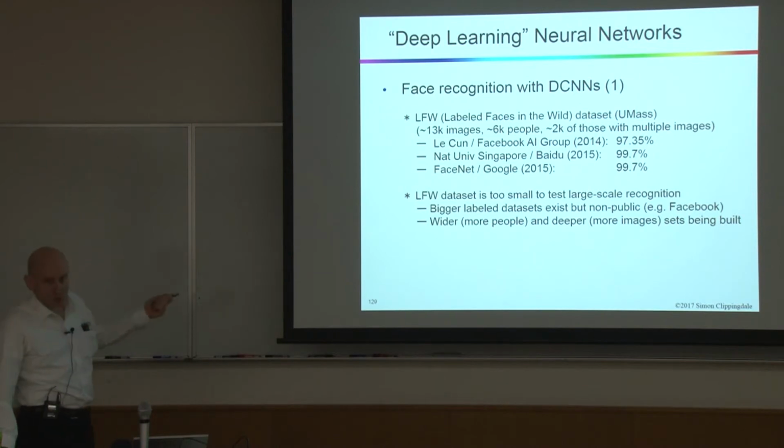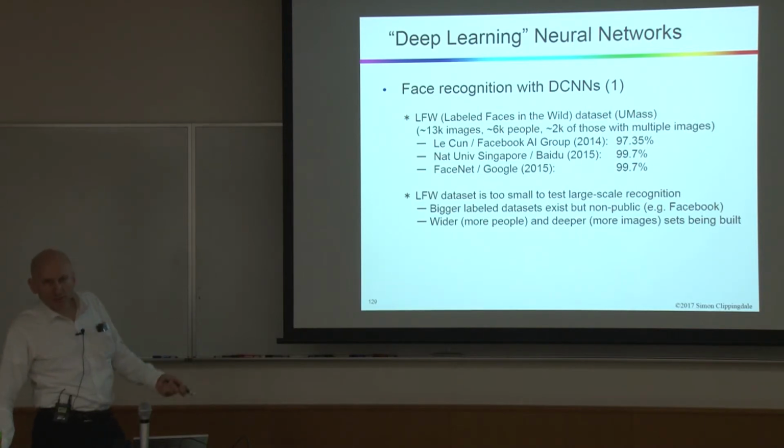So that was object recognition, how about face recognition? Well, there was, and still is, a data set called Labeled Faces in the Wild, which came out of the University of Massachusetts in the US. Not as big as the object recognition set used for the ImageNet contest, but there are about 13,000 images, including about 6,000 people, and about 2,000 of those 6,000 people had more than one image in the data set.